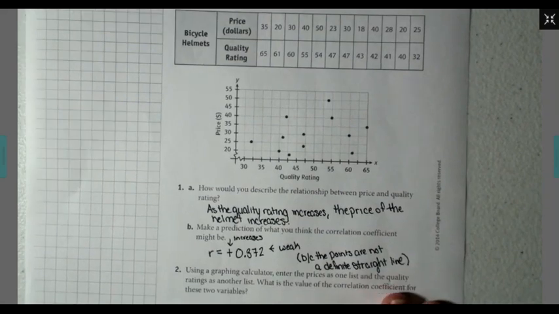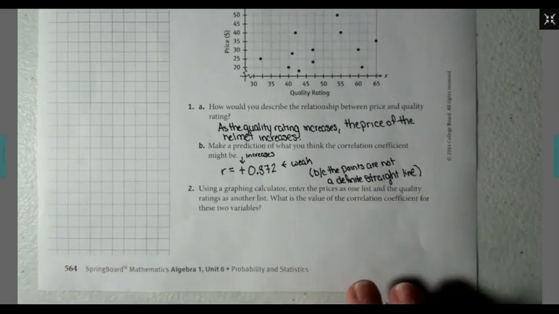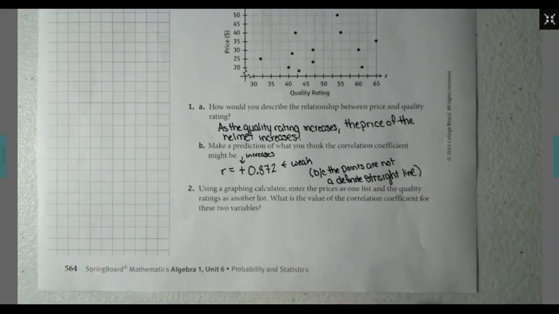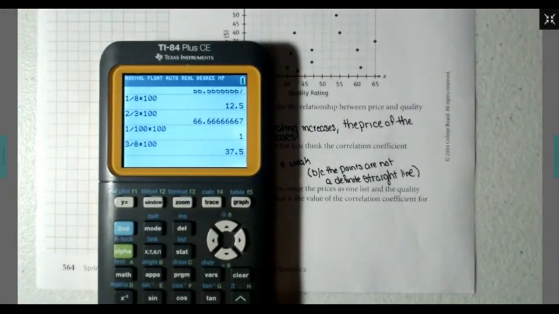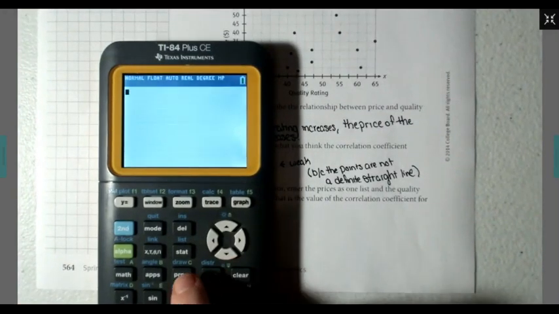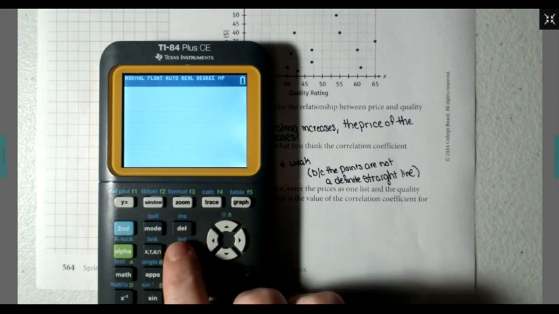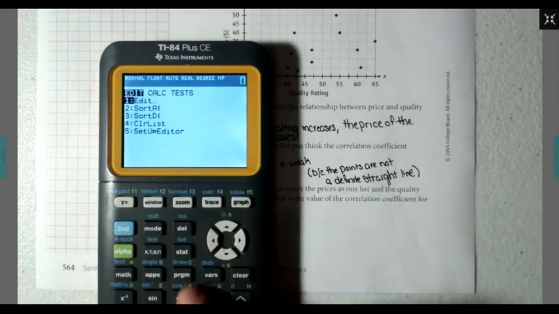Okay, let's take a look at question 2. Using a graphing calculator, enter the prices as one list and the quality ratings as another list. What is the value of the correlation coefficient for these two variables? I'm going to show you how to do it on the graphing calculator. We're going to start by going to Stat and Edit.